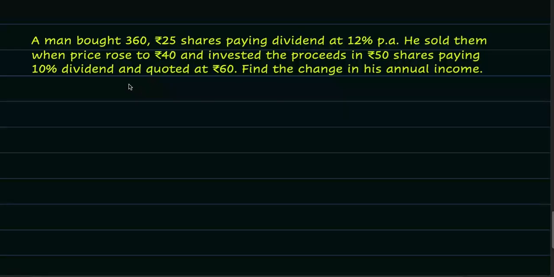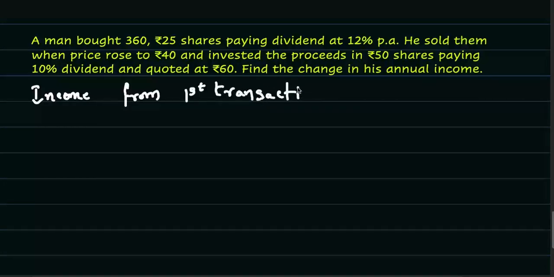Okay, so this is what we can do here. First we will do income from the first transaction. Here what is happening, first we'll have how much income we are getting from this dividend is 12. 25 rupees shares, 12% per annum.